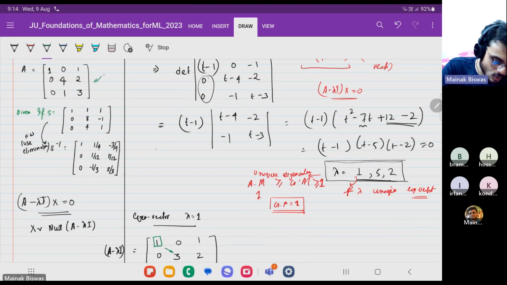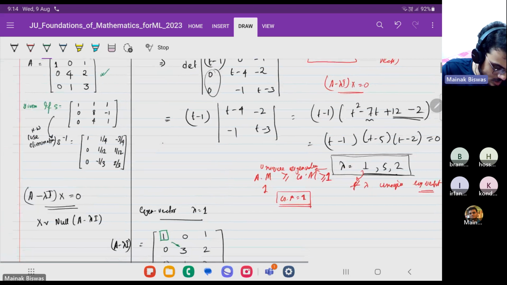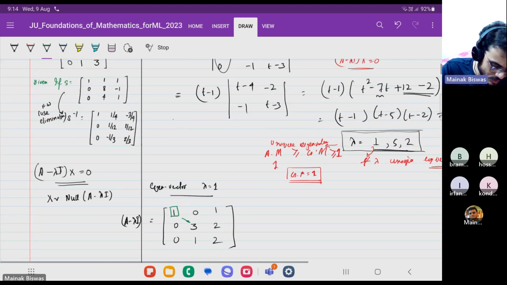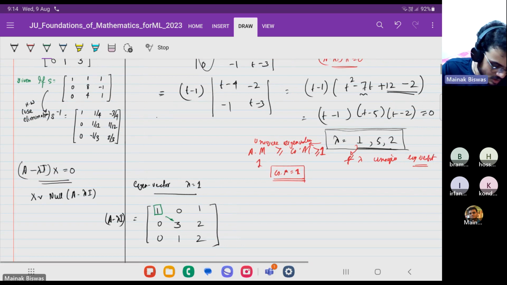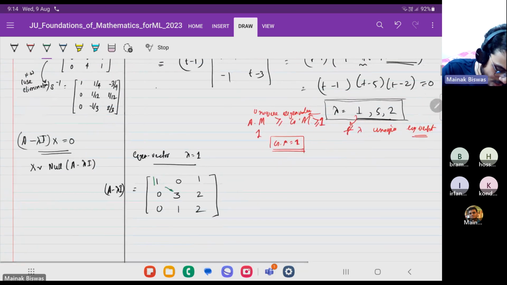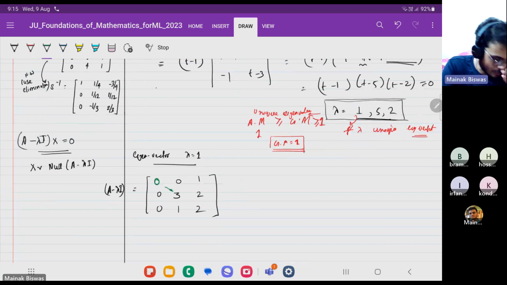So with respect to 1, I don't know what happened in this equation. So is it not right? 1, 0, 0 is not giving me 0. Oh, sorry. Oh my God. Right, now you have to tell me. Of course, you were right. So these two will be the pivots, right?